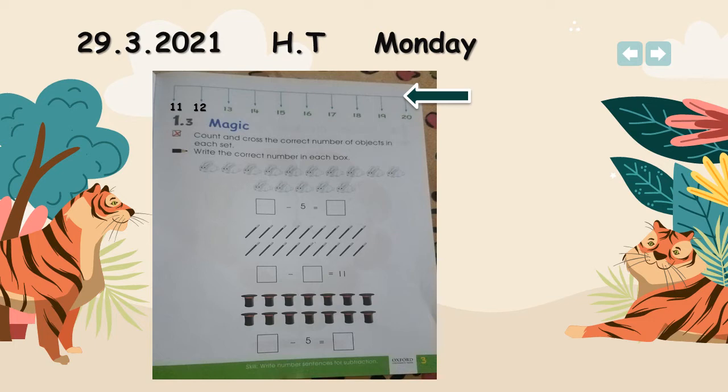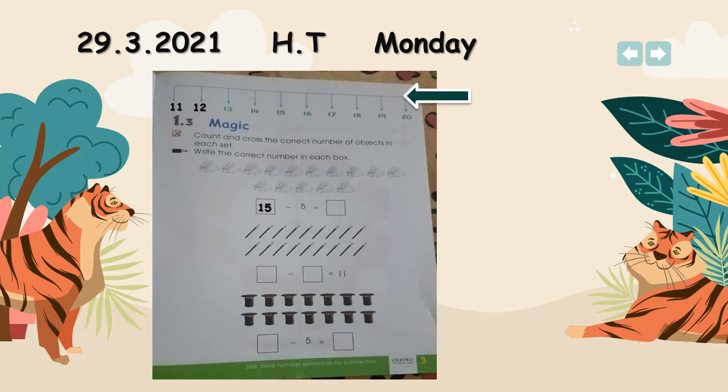So write number 15 in the first square box. Then there is a sign of minus and there is written number 5. 15 minus 5 is equal to, yes, in this given box we will write the correct number. We will write the answer.